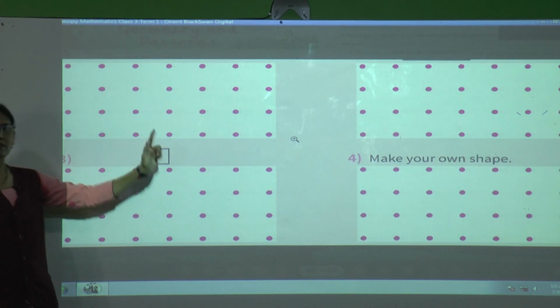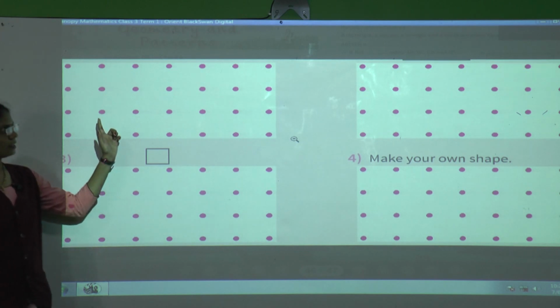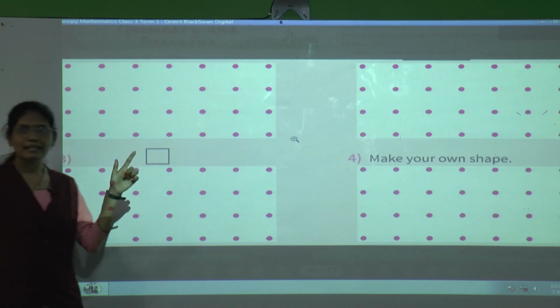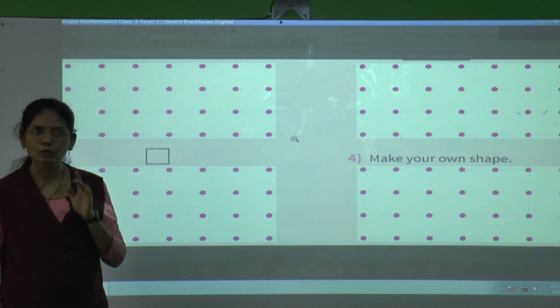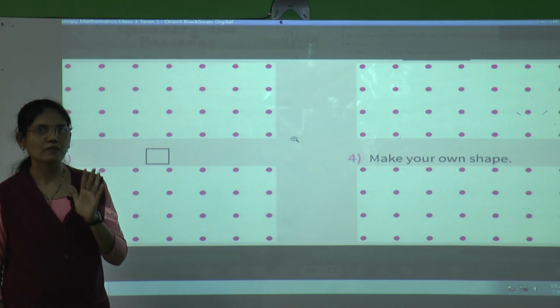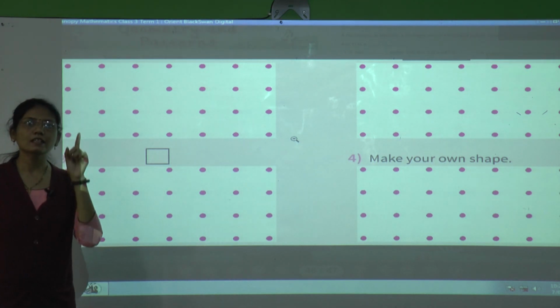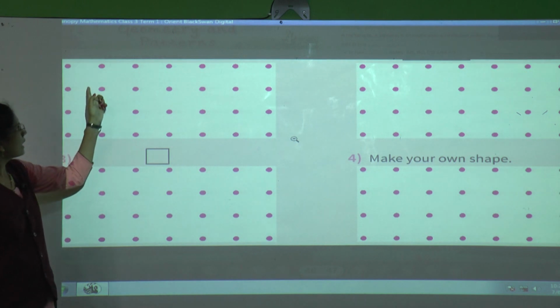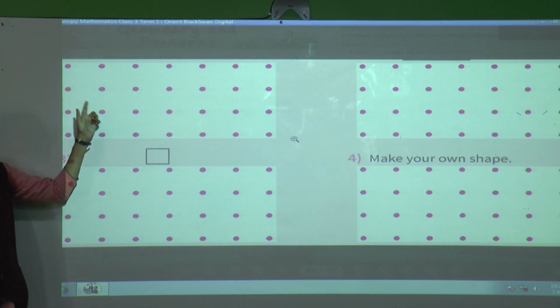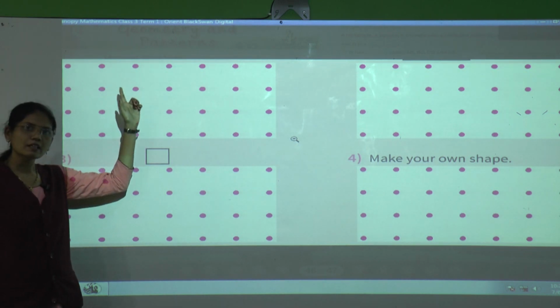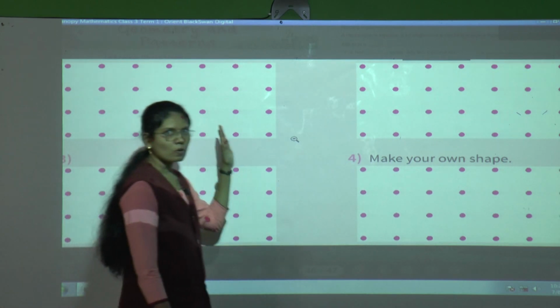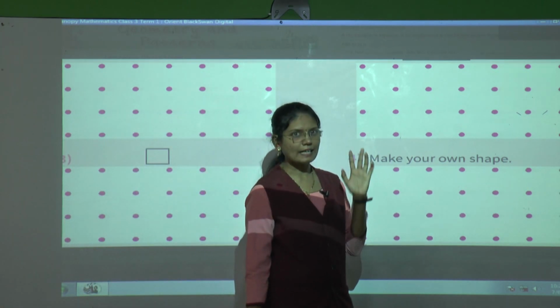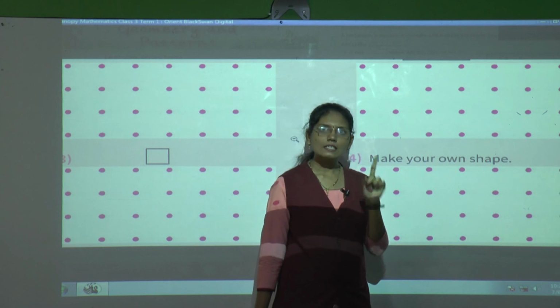See, you have to take one grid paper and you have to draw plane shapes which we have seen today. Which shapes have we seen? First we have seen rectangle. So with the help of these grids, you have to draw one rectangle here. Now second shape. Which was the second shape? We have seen the square.